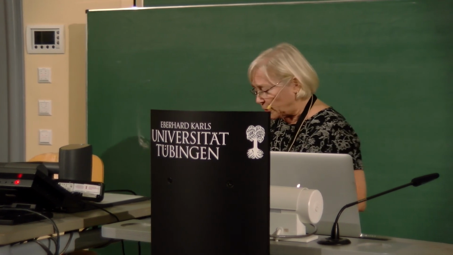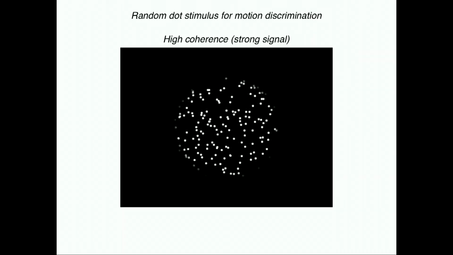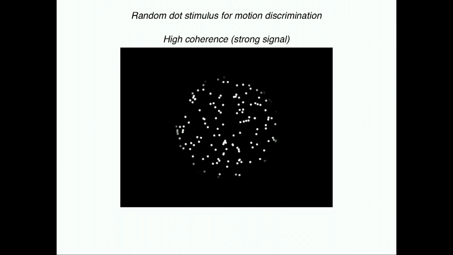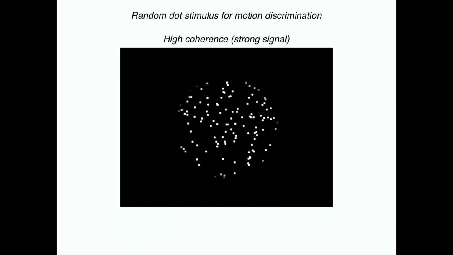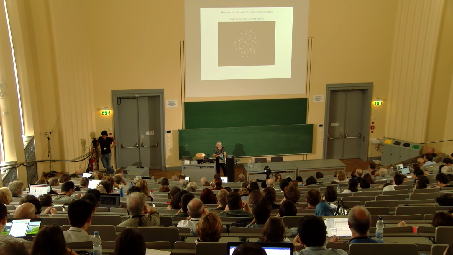So to look at global motion perception, we use stimuli of these kinds, which are random dot kinematograms. And when those dot fields have high coherence, you easily see a coherent image of motion moving horizontally to the left or to the right.